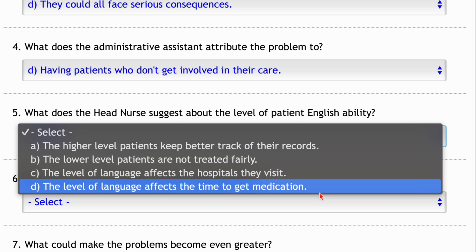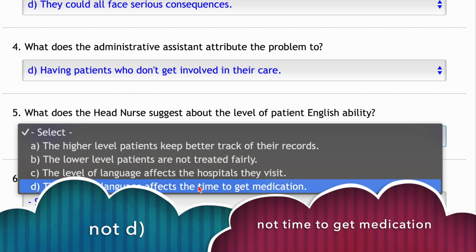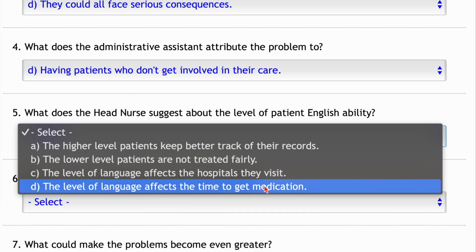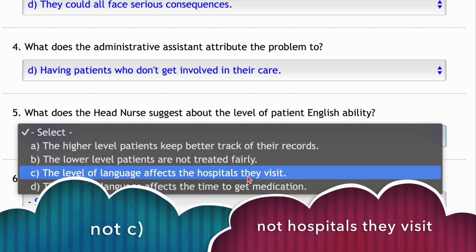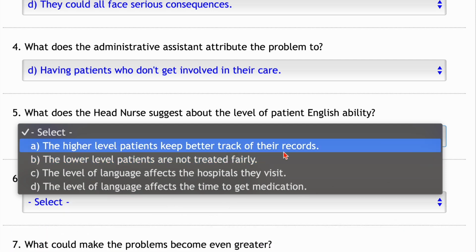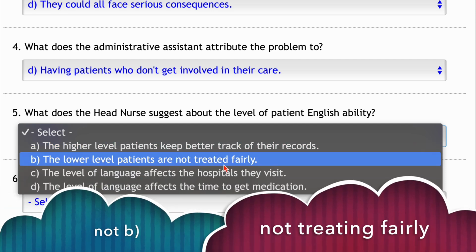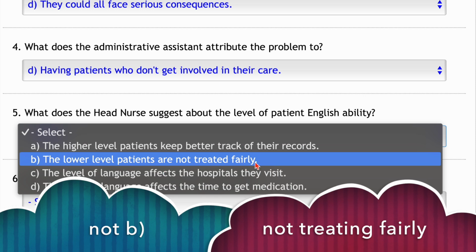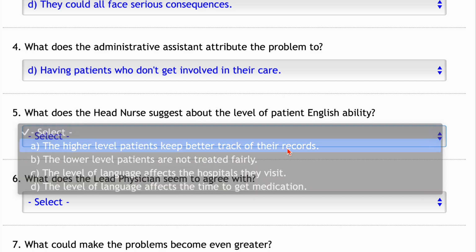Well, not D. It's not about the time to get medication. Okay. The level of language affects the hospitals they visit, not the hospitals they visit. No. And also not B. Lower level, it's not about treating them fairly or not. So it has to be the higher level patients keep better track of their records.